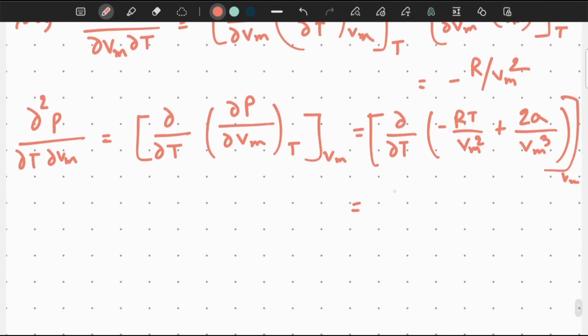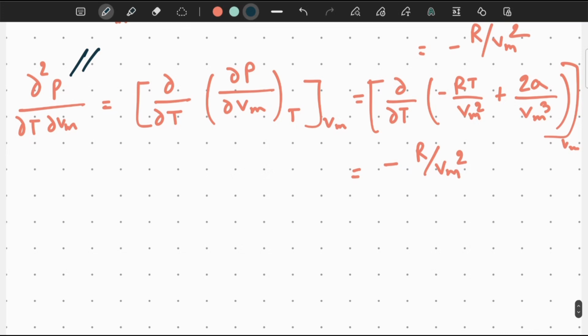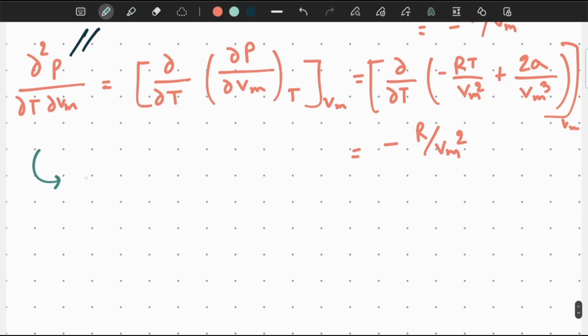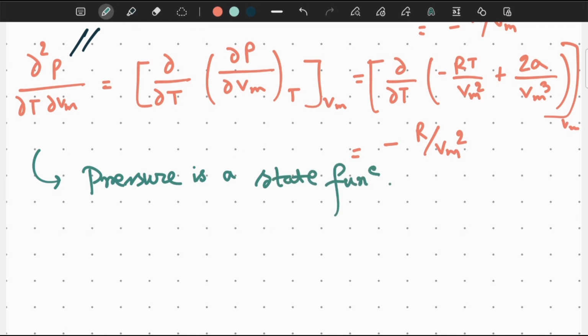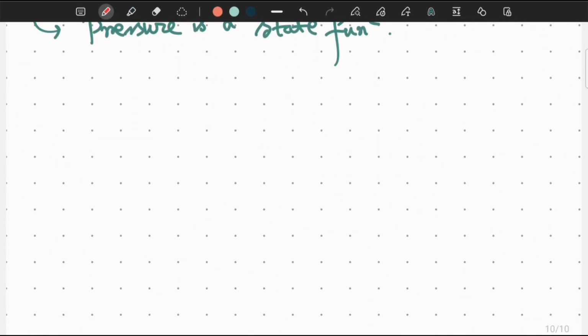The first term will give minus R by Vm square, and the second term will give 0 because that is not a T term. So essentially it is matching, it's the same. So it's an exact differential. Therefore, pressure is a state function, right? Correct. Okay, this is question number 10.